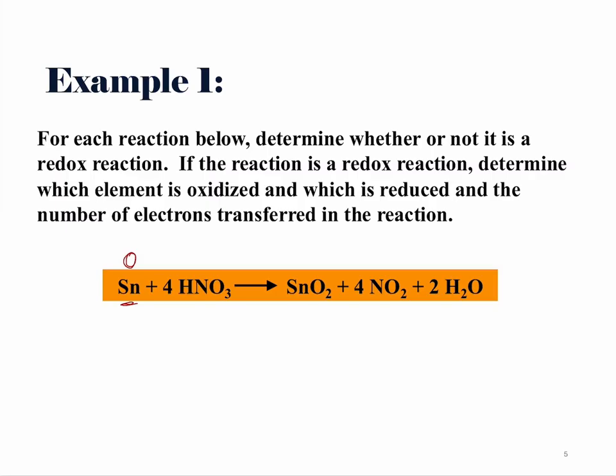And so what we're going to do is hydrogen is always going to be +1, and oxygen is always going to be -2. And based off of those two values, which we know to be true, we're going to see what the oxidation state is on the nitrogen, which is going to be the central atom in this molecule.